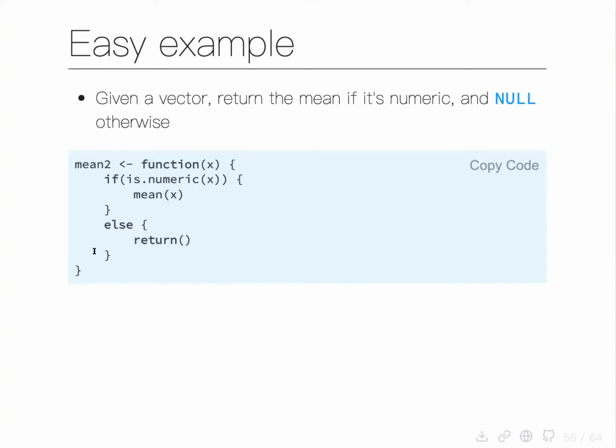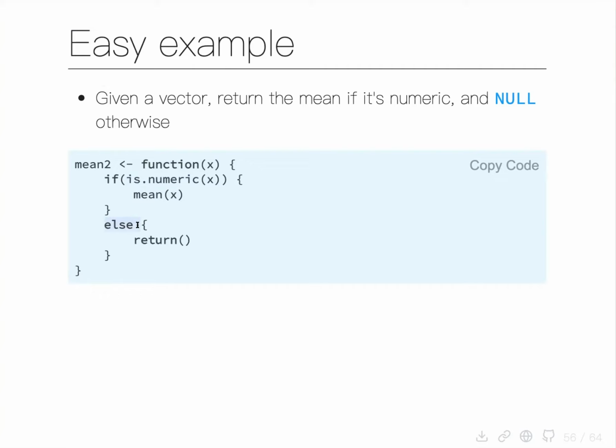And nothing is different than NULL. If we just say return, it will return NULL. Okay? So here I have mean2, and I'm saying this is a function that takes one argument, x. And then my first condition is to test if x is numeric. So if is.numeric(x). If this function here returns TRUE, then I'm going to compute the mean of x.